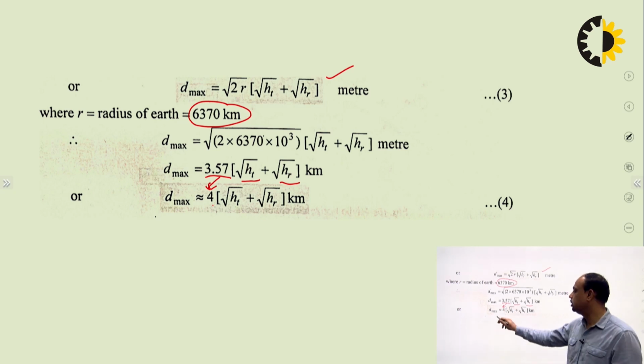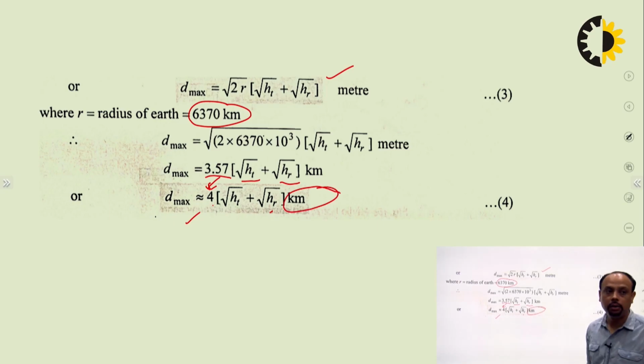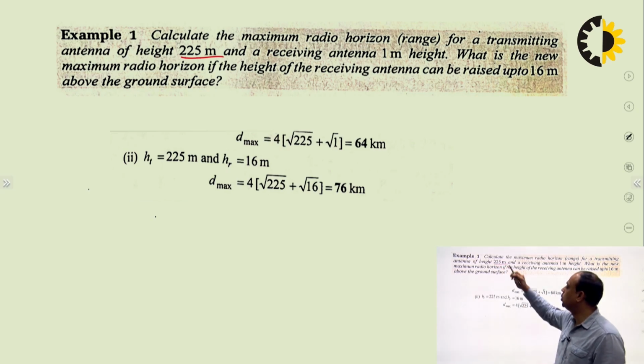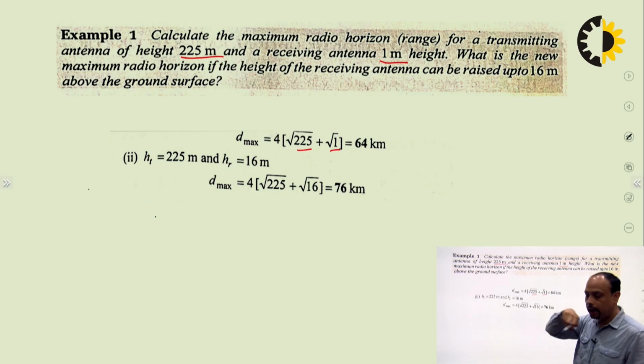So D maximum is equal to 4 times the square root of HT, the height of the transmitting antenna, plus the square root of HR, the height of the receiving antenna, and the distance is in kilometers. So we have one example for this. Let the height of the transmitting antenna be 225 meters and the receiving antenna 1 meter. So we have the square root of 225 plus the square root of 1, and 4 times this.